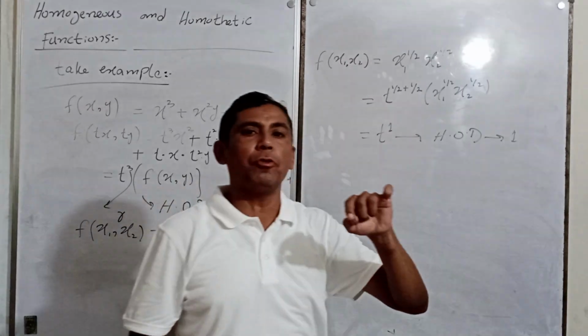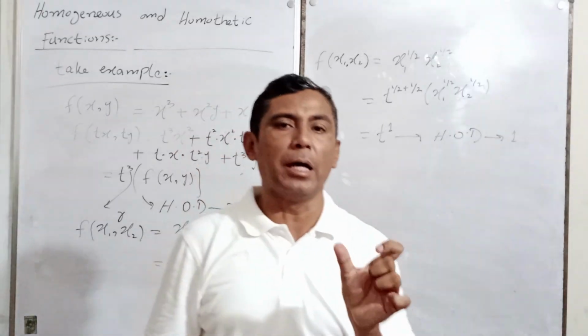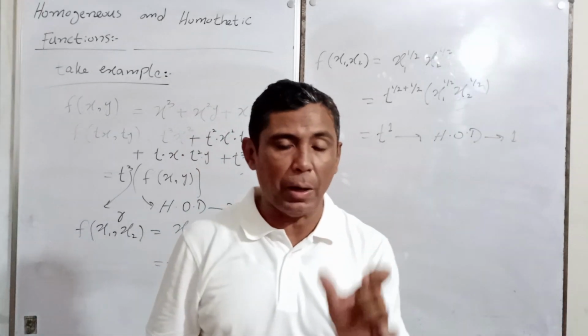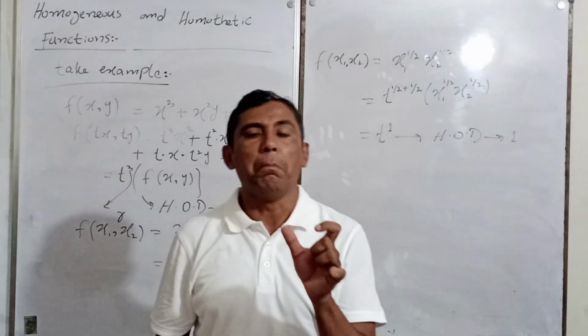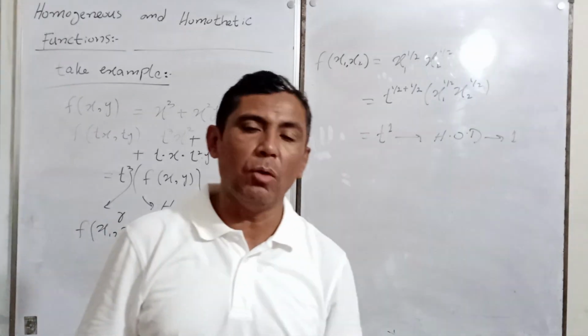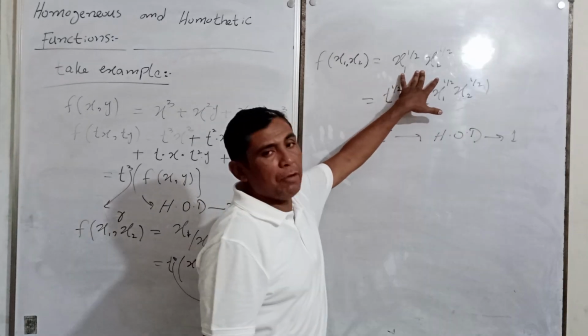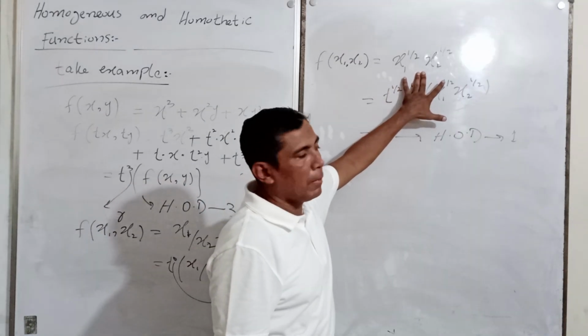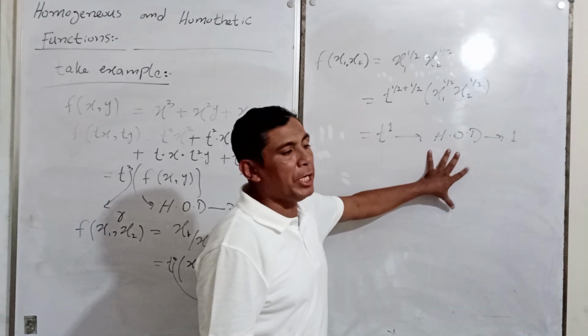In the case of a production function, the sum of the powers of the Cobb-Douglas function may be greater than 1, less than 1, or equal to 1. But here you have equal to 1. Clear? So this function will always be HOD 1.